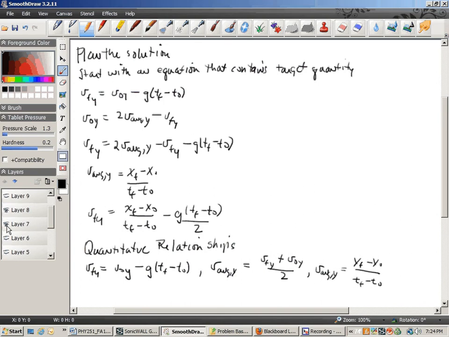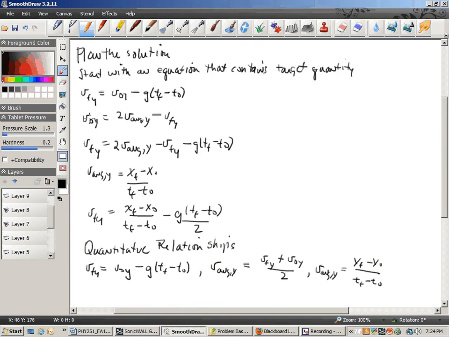Now we're on to planning the solution. So we want to start with an equation that contains the target quantity. I've started with this equation: the velocity of the diver as he enters the water equals the velocity of the diver as he passes the board minus the acceleration of gravity times the change in time.